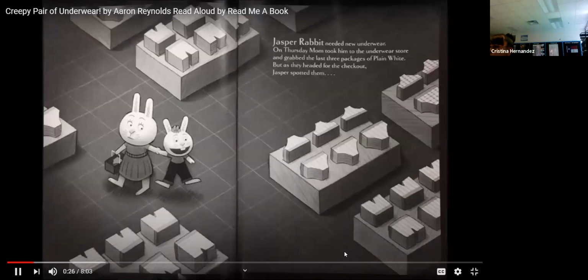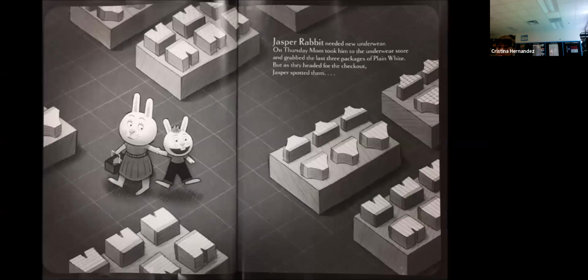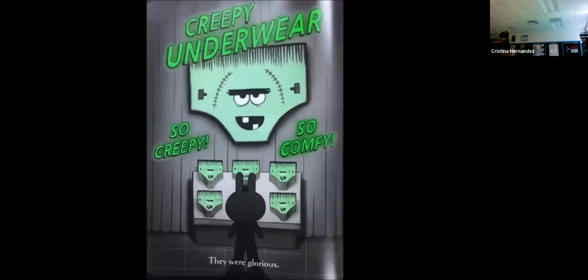Jasper Rabbit needed new underwear. On Thursday, Mom took him to the underwear store and grabbed the last three packages of plain white. But as they headed for the checkout, Jasper spotted them. Creepy underwear. So creepy. So comfy.